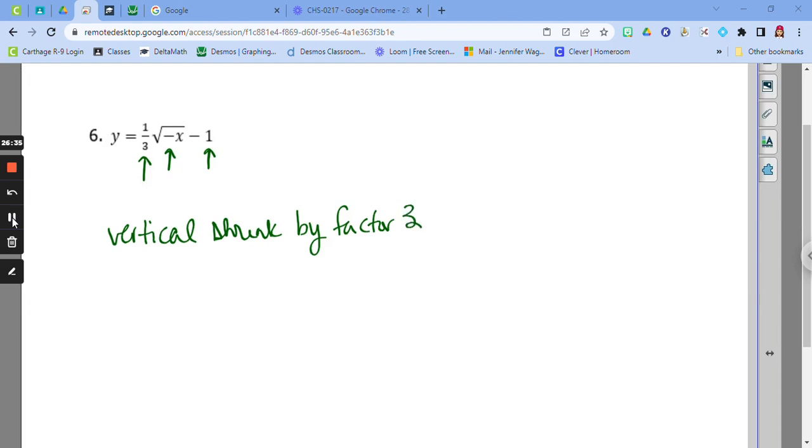You've already told me that it's going to be 1 over something by telling me it's a shrink. The negative under the radical with x, that's a reflection over the y-axis. The negative 1.